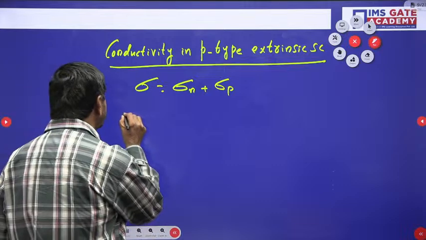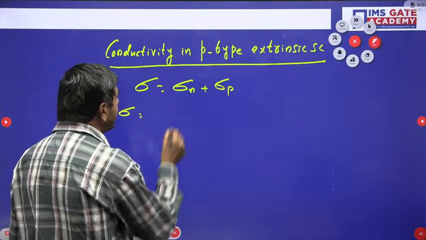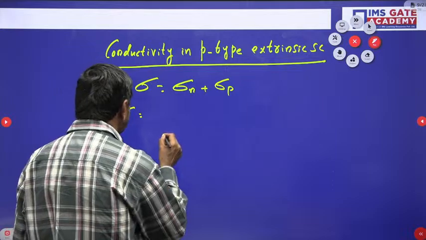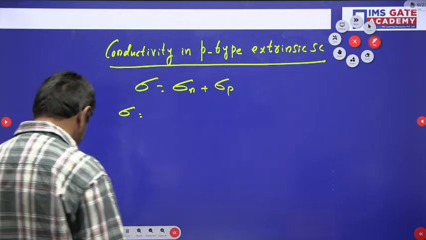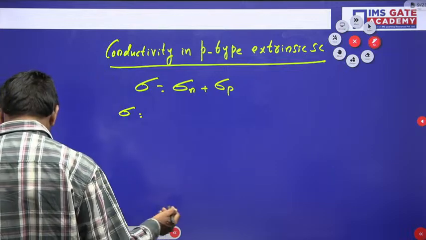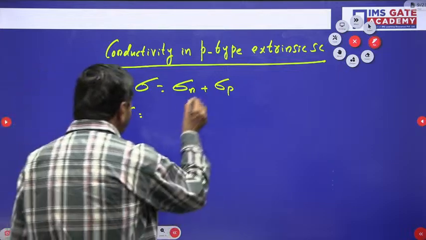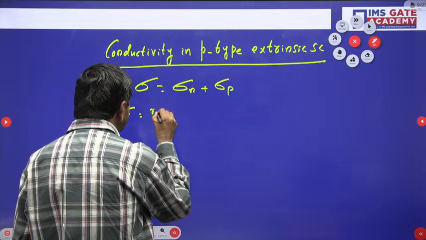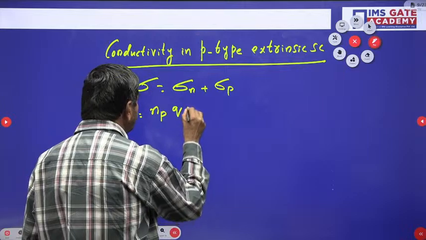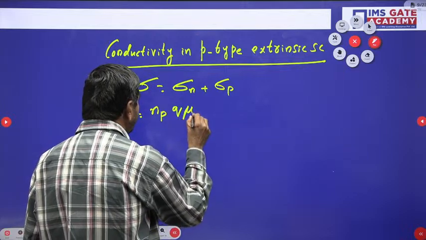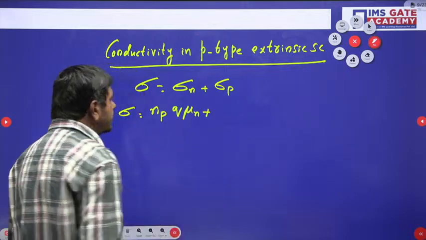We know conductivity due to electrons: n into Q into mu n, where n is the concentration of electrons in the p-type extrinsic semiconductor. Sigma p means what I can write now?